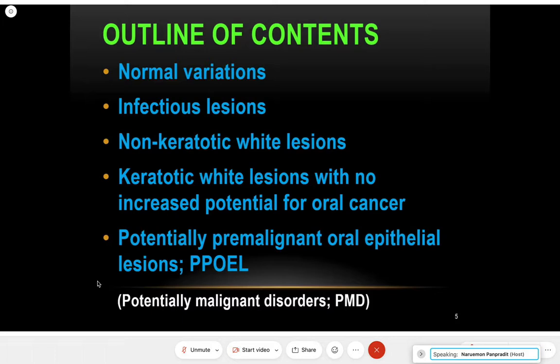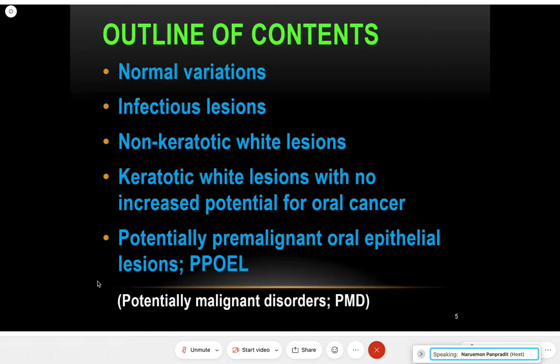And the last group is very important because most of the patients come to you with a lesion or pain or a burning sensation, worried about an oral ulcer or something like that. But in their mind, they worry whether this lesion or this mass or this ulcer is oral cancer or not. Today, I will not talk about oral cancer, but the last group we call the potentially pre-malignant oral epithelial lesion, in abbreviation PPOEL.